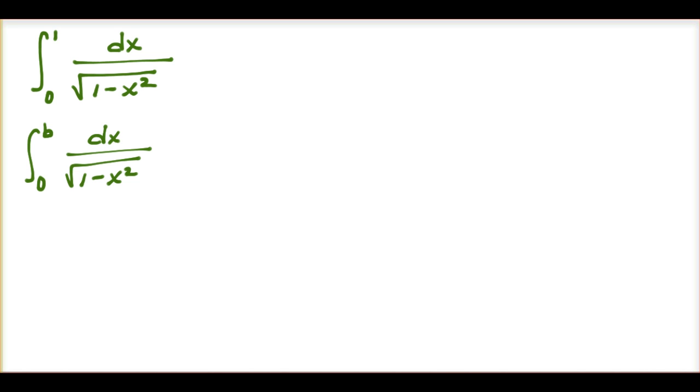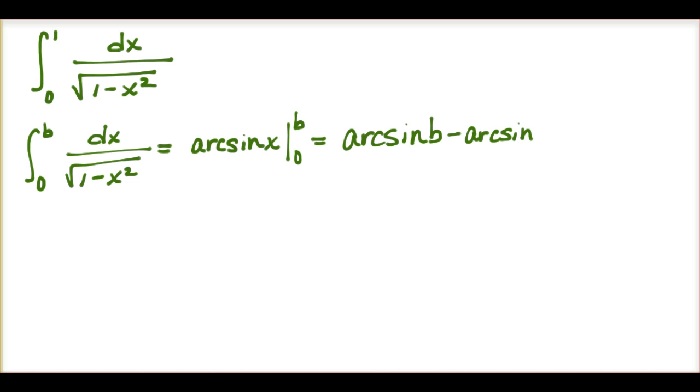And then if I do the antiderivative of that, it's arcsine x evaluated from 0 to b, which is going to be the arcsine of b minus the arcsine of 0.